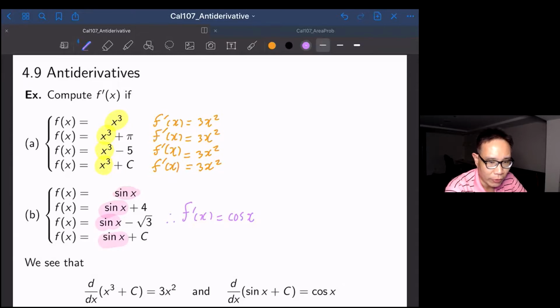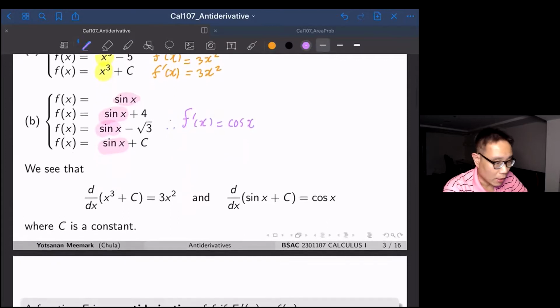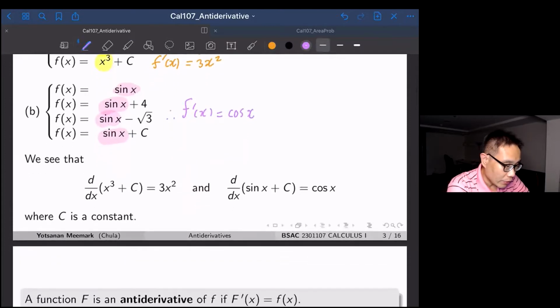So they are functions that have derivative cosine x. If you differentiate x cubed or sine x, the thing that matters is just the yellow part and the pink part. The plus c constant doesn't matter at all.